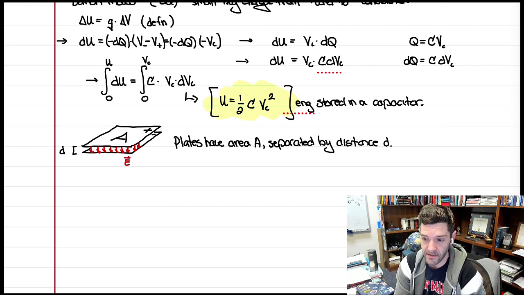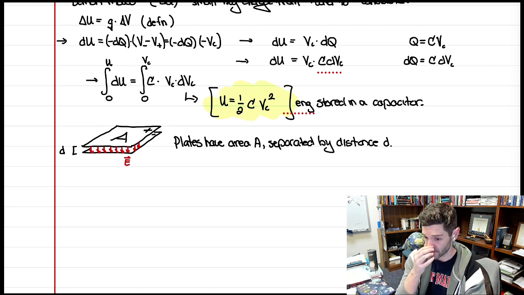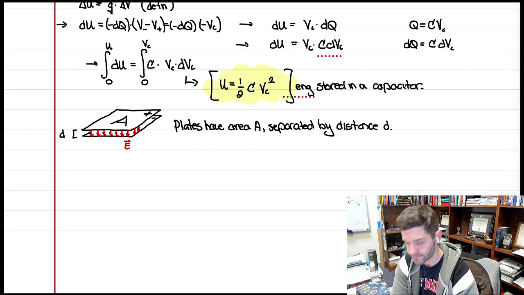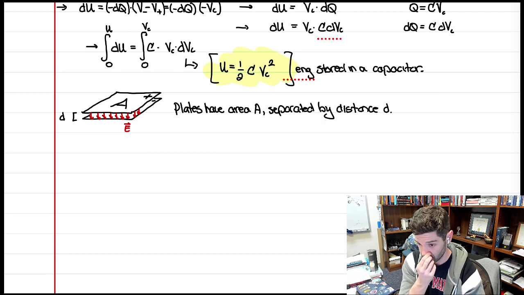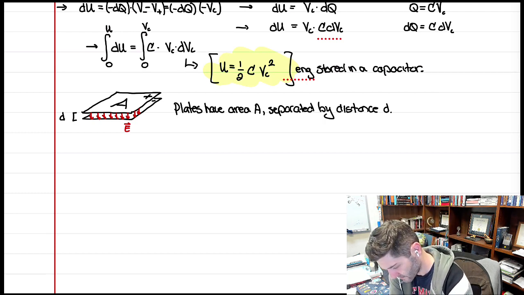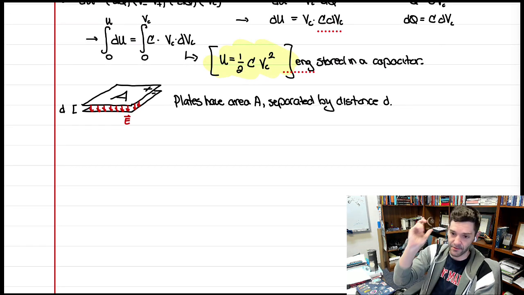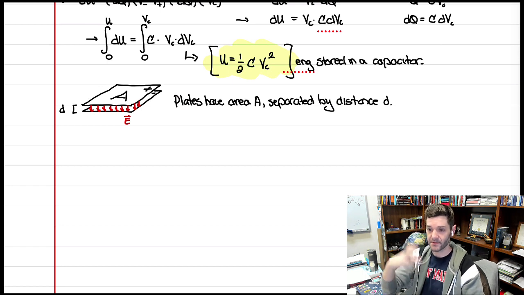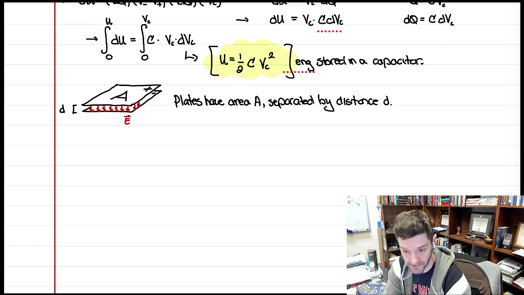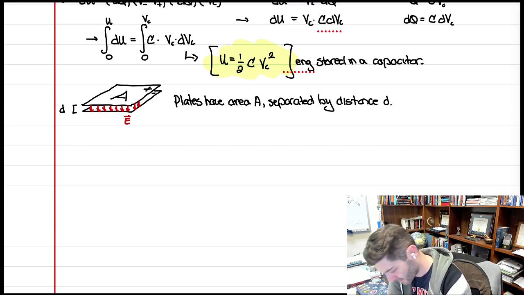Essentially now we're just going to combine all those results together. But maybe I can just quickly sketch it out again. First we need to know the electric field, and then we need to know the potential difference across the plates, and then we will use the formula that brings in capacitance to figure out what the capacitance actually is.